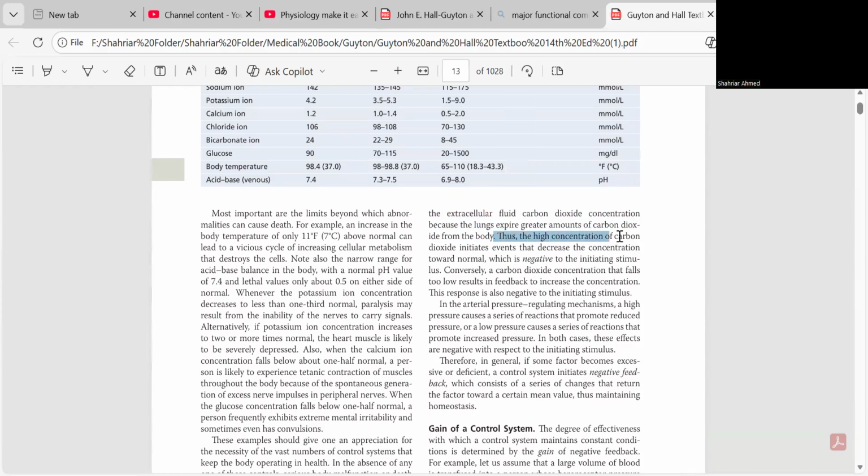Thus, the high concentration of carbon dioxide initiates events that decrease the concentration to normal, which is negative to the initiating stimulus. Conversely, a carbon dioxide concentration that falls too low results in feedback to increase the concentration. This response is also negative to the initiating stimulus. Whereas when it is increased, it is decreased, and when it is decreased, it is increased.